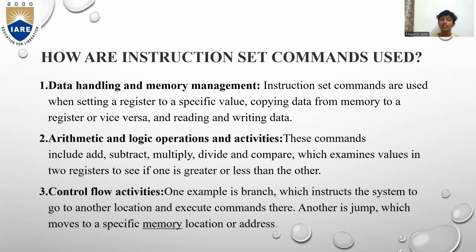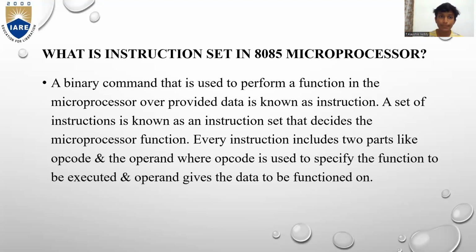These commands include add, subtract, multiply, divide, and compare, which examines values in two registers to see if one is greater or less than the other. Control flow activities. One example is branch, which instructs the system to go to another location and execute commands there. Another is jump, which moves to a specific memory location or address.